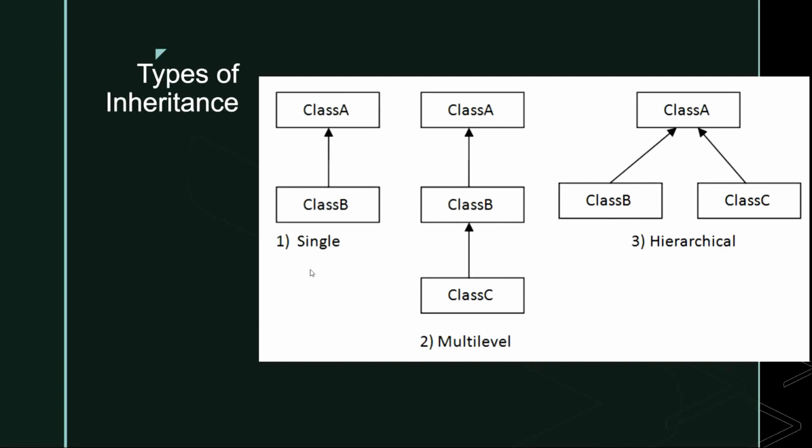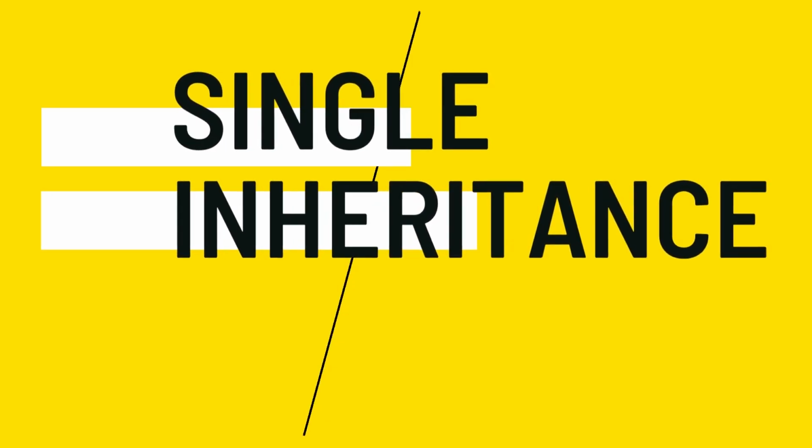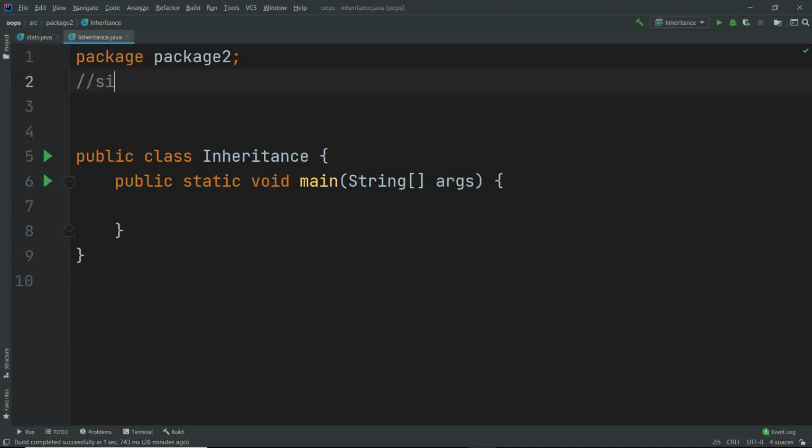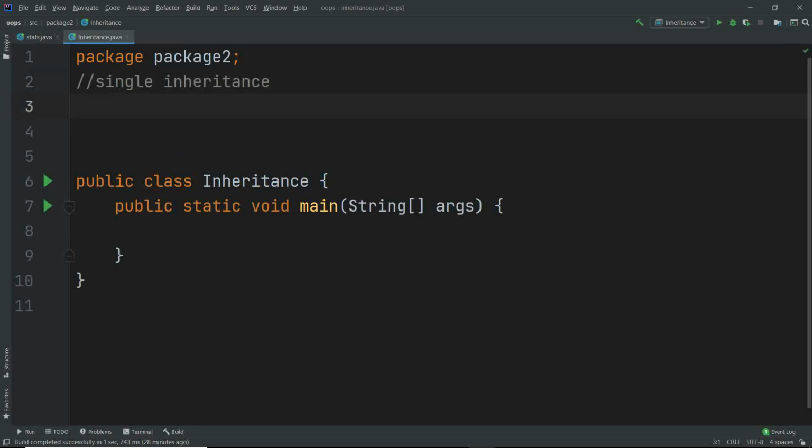So let's look at single inheritance, multi-level inheritance and hierarchical inheritance in our IntelliJ IDE. First of all, let's look at what single inheritance is. I'll create one class.